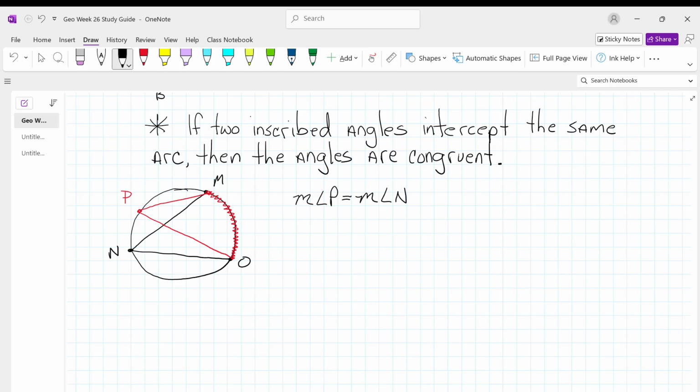And what will happen today is you'll be told that one of the angles, angle N, measures 3x minus 5, and angle P measures 2x plus 15.